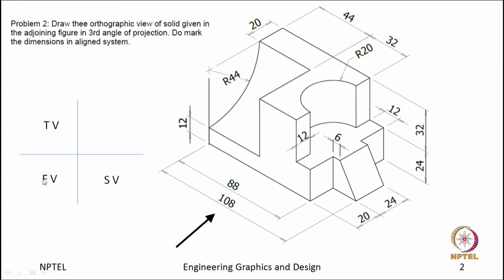And another important thing you have to look at is the dimension. 108 is the length, the height is 24 plus 32, 56, and the width is 64, 20 plus 44.